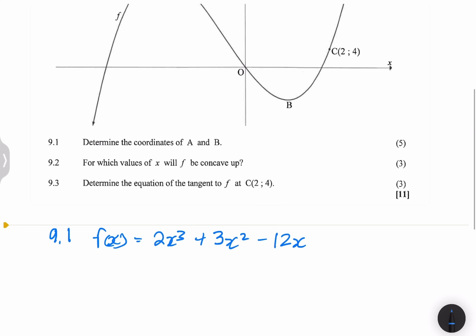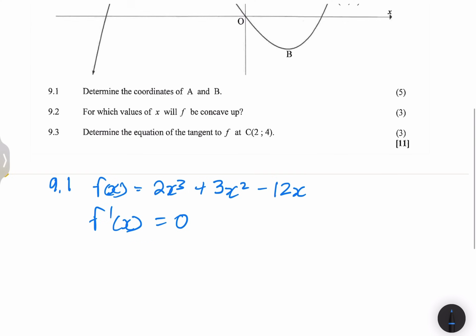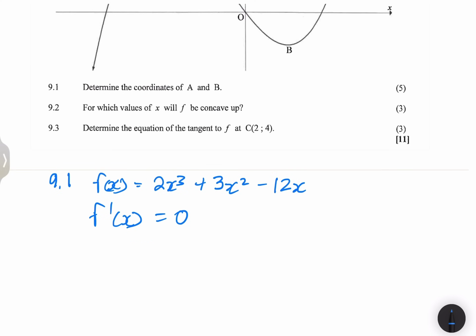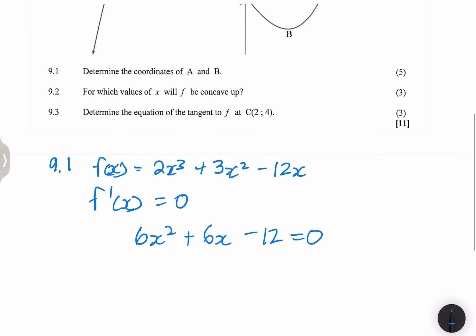Now, this is the original function, but we're looking for the turning points. So we take the derivative and make it equal to 0. Okay, of course, the laws of differentiation in this case. So it's going to be 6x squared plus 6x minus 12. Of course, if you don't know this by now, please just make sure that you go to our videos that we have made on calculus.